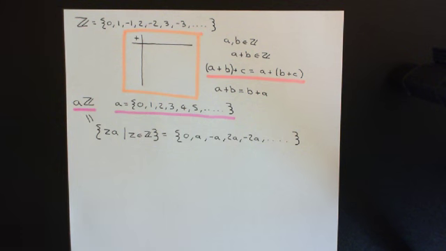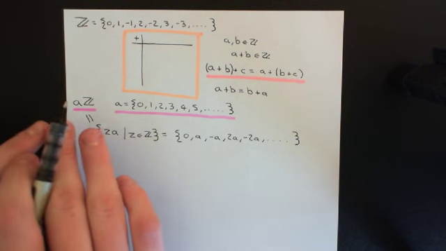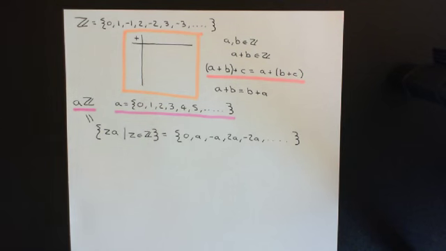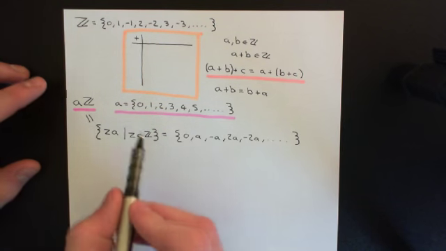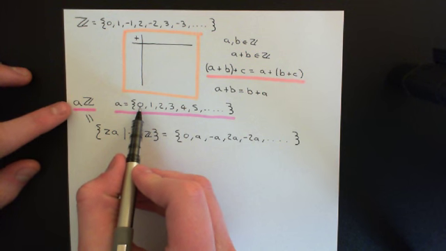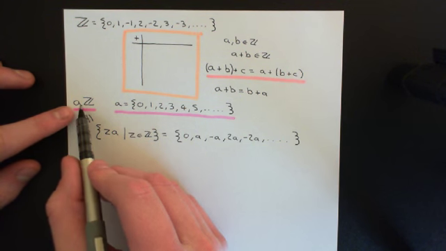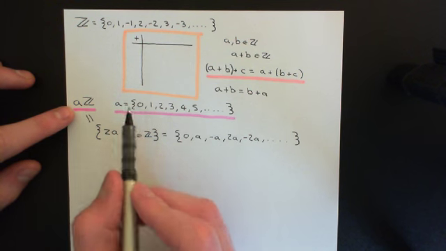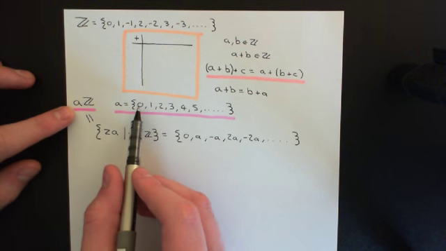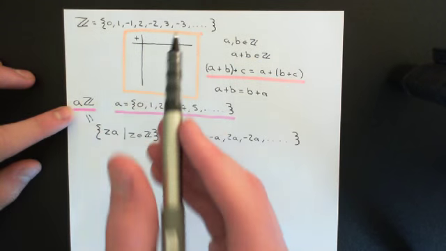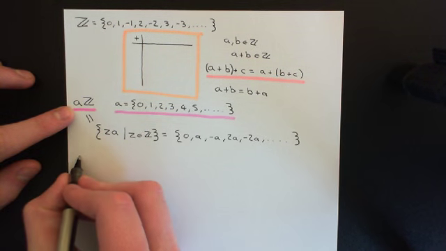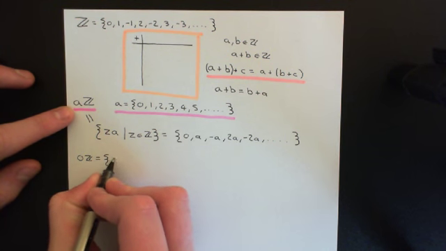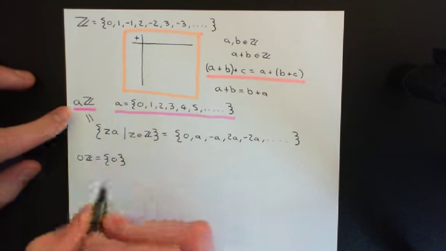So before we prove this for the arbitrary AZ, let's just do a few examples and get some intuition here. Okay, so let's start off with a nice simple example. Let's plug in A is equal to 0 here. So we're taking the set of all integer multiples of 0. Well, when you multiply 0 by any integer, you'll just get 0 back again. So actually, 0Z is just the set containing one element, which is the set containing 0, basically.